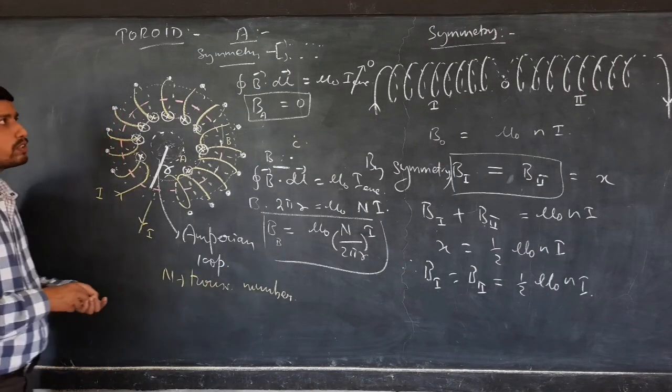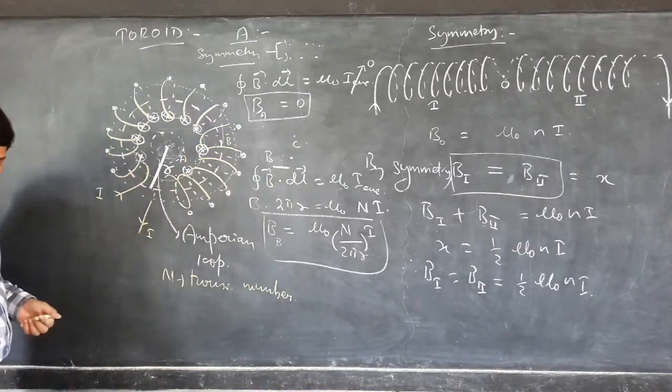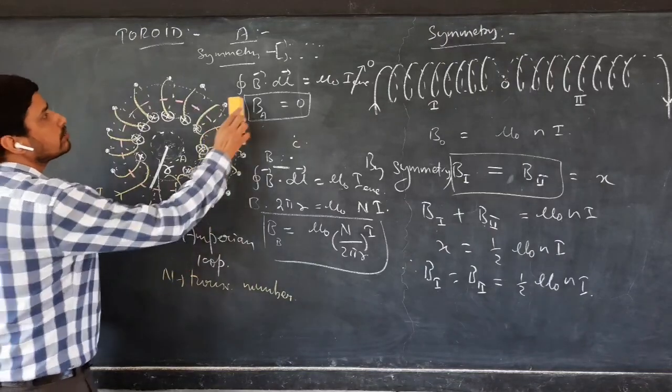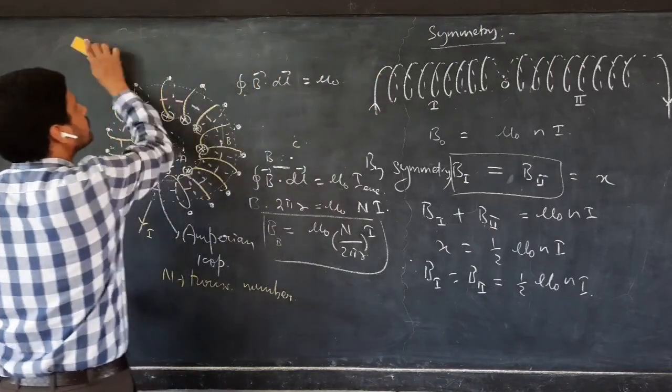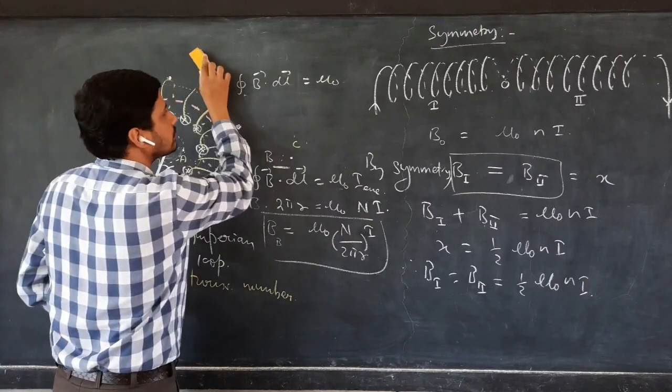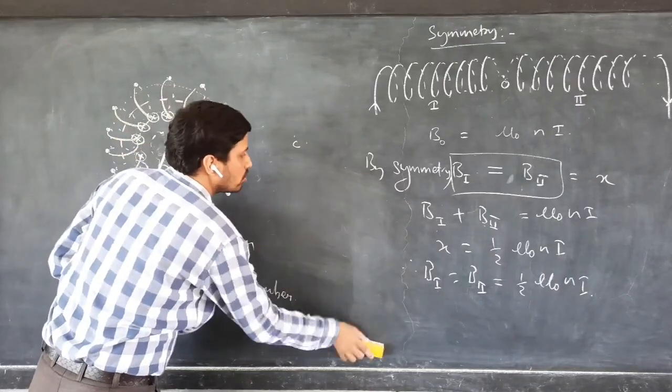Then at last we are left with point C. Point C lies completely outside this particular toroid. For point C also we shall use a similar concept.